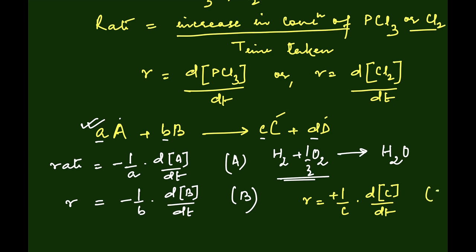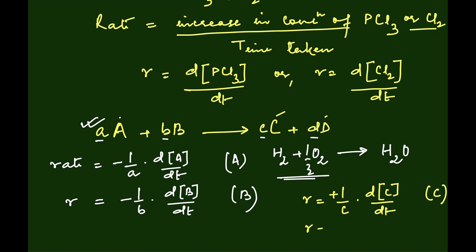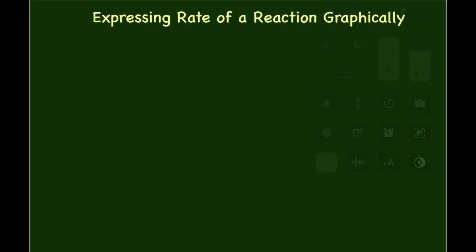Similarly, in terms of the product D, we can write plus 1 by d into d concentration of D by dt. You have to remember, rate can be expressed either in terms of the concentration of the reactants or in terms of the concentration of the products. Any one of them, not all of them altogether. This is how we express the rate of any chemical reaction.